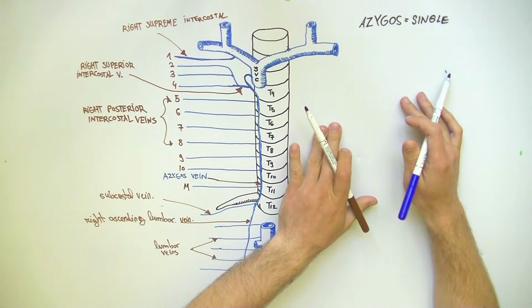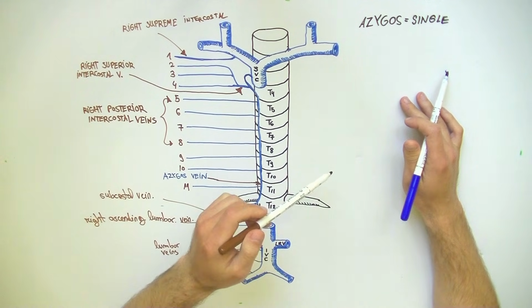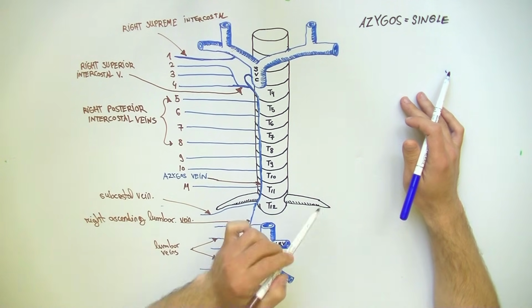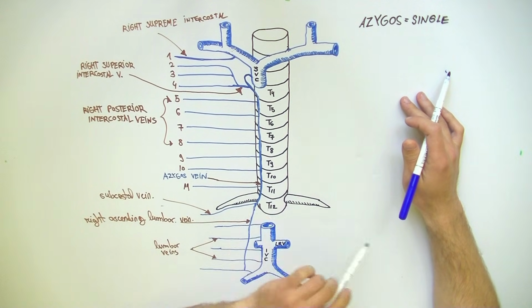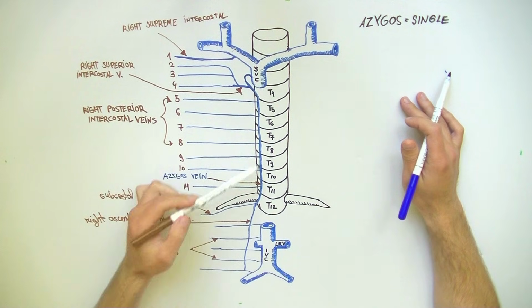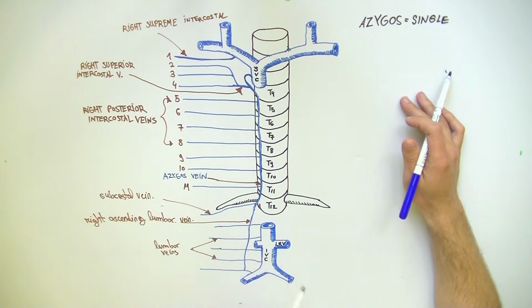On the left side, we will discuss the Hemiazygos vein and the Accessory Hemiazygos vein. We'll start with the Hemiazygos vein. The Hemiazygos vein is a mirror image of the lower part of the Azygos vein and is formed also, like the Azygos vein, by the union of the left ascending lumbar vein with the left subcostal vein.